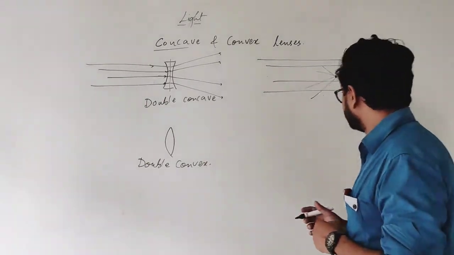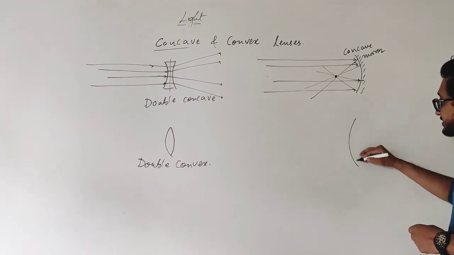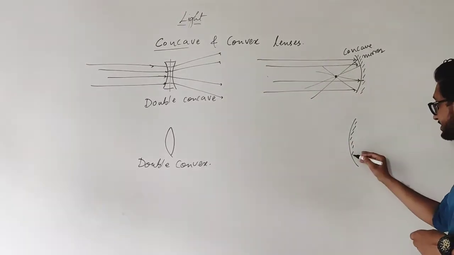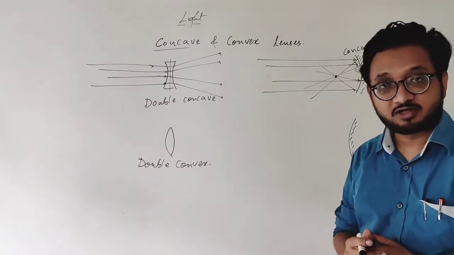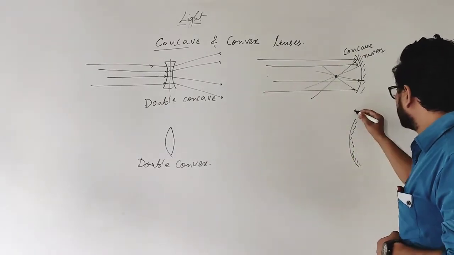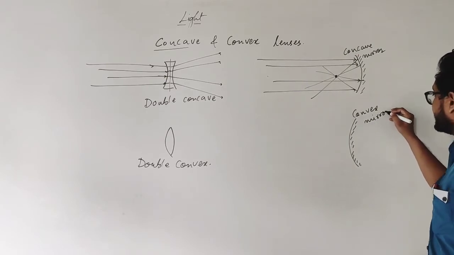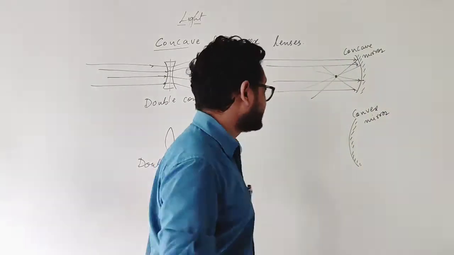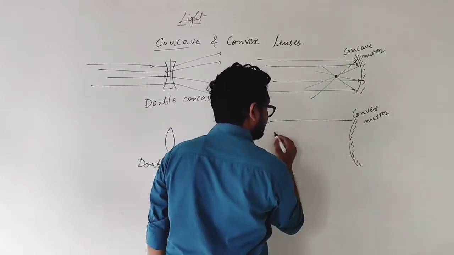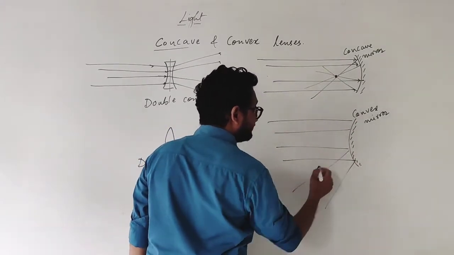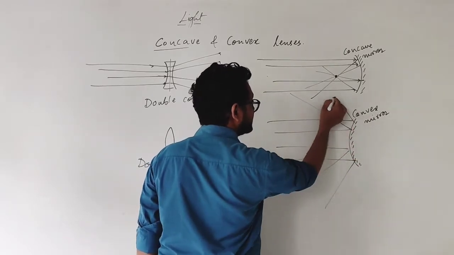Okay? And if you remember our convex mirror, this was the convex mirror. The shiny surface is on the left side and rough surface on the right side. And when a beam of light was incident on it, it spreads the rays of light like this.